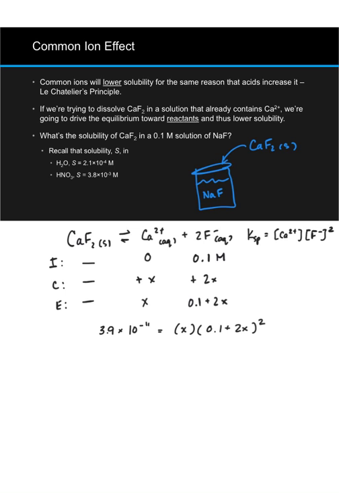In order to solve this problem, we're going to make a simplifying assumption. We have seen so far that X is really small. X is on the order of 10 to the minus 4 or 10 to the minus 3. And therefore, even 2 times X, when added to 0.1, is going to, for all intents and purposes, to as many sig figs as we can muster, be 0.1.